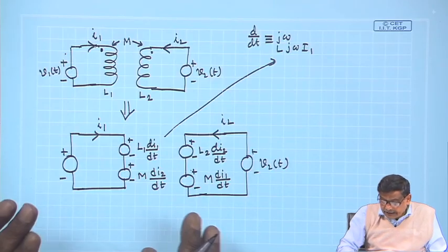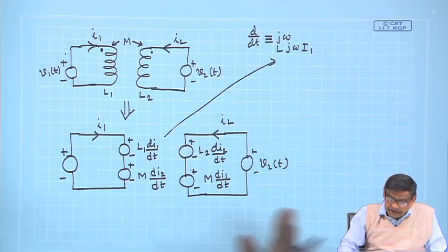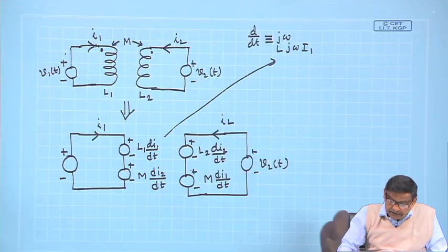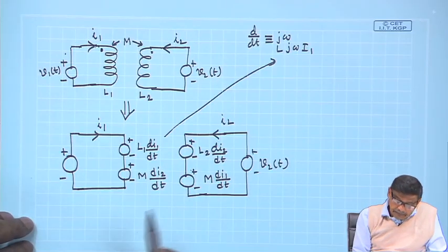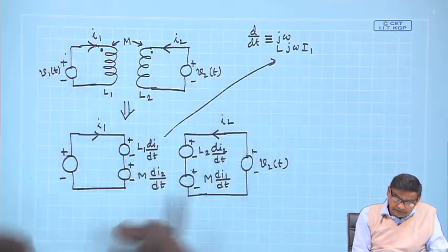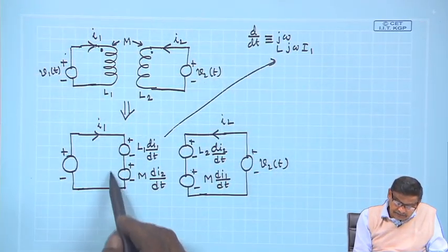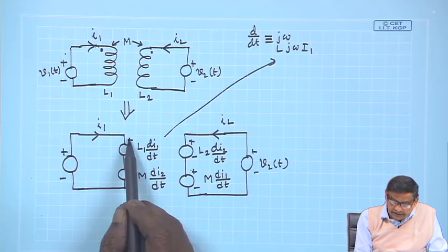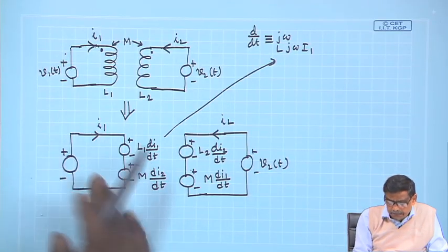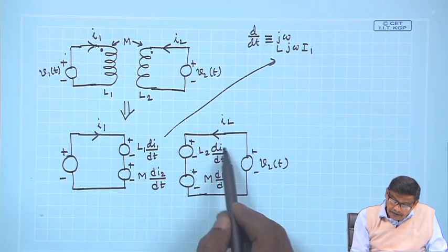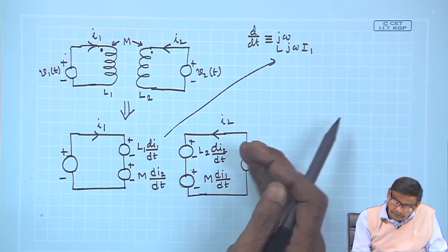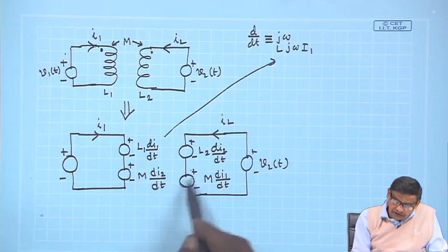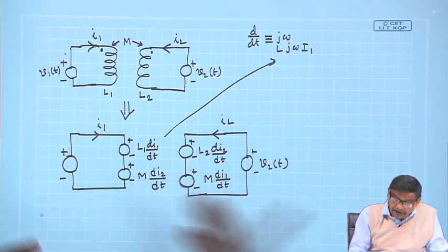So, once this is correctly drawn, then calculation of instantaneous power and from that energy becomes very simple. Why? There are now 2 sources, and so far as this part is concerned, current is entering through the positive here, power is absorbed, and about these 2 sources also power is being absorbed. Sources means they are inductances, coupled inductances.